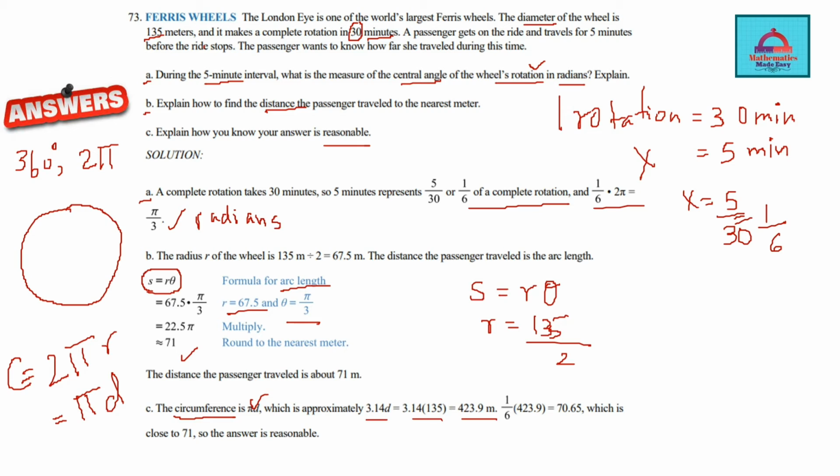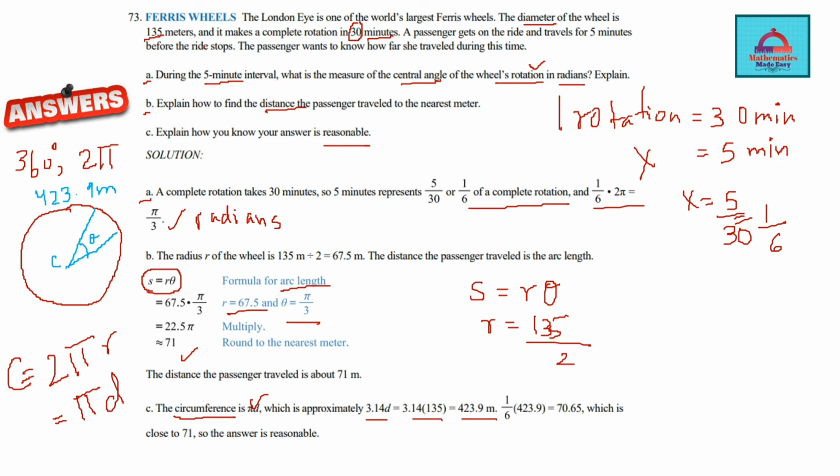Now in part B, you found the distance the passenger traveled, and in part A you got the fraction as 1 by 6. You need to understand this, it is an important point. This is the total circumference of the circle, the boundary, which came to 423.9 meters. Now you need to know just the 5-minute interval. So this is the center C, this is angle theta.